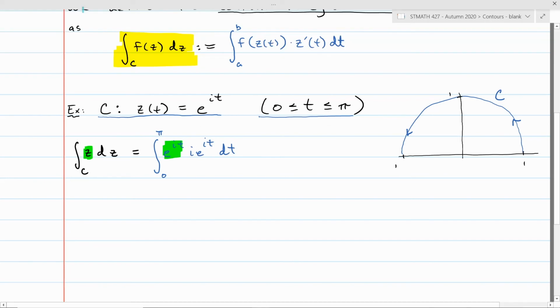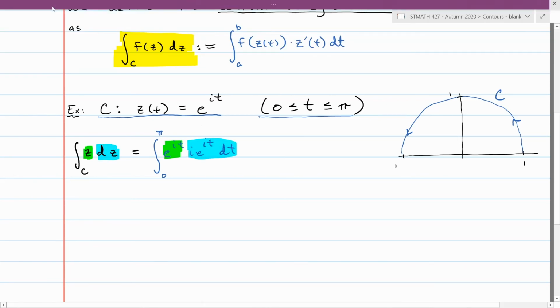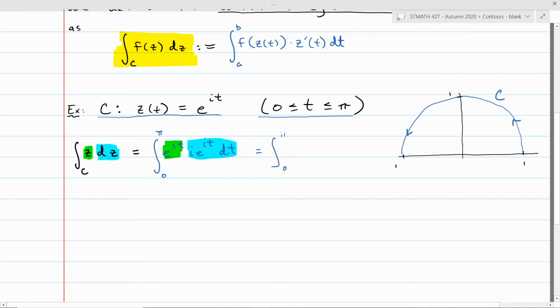So dz became this. How would we go further with it? Well, this is really just the integral from 0 to pi of i times e to the, then you can add those exponents and you get 2it dt.